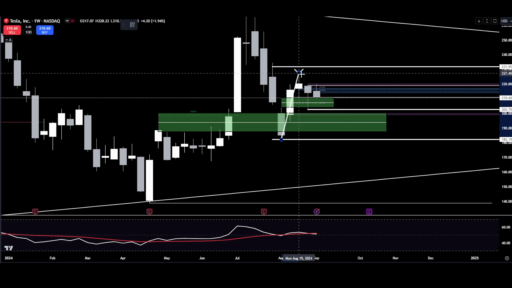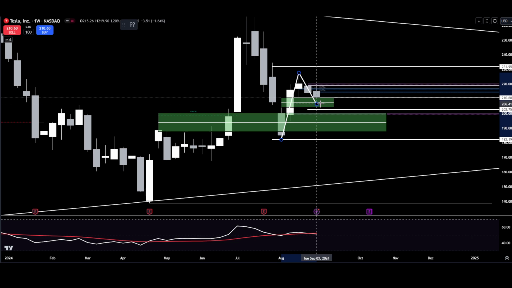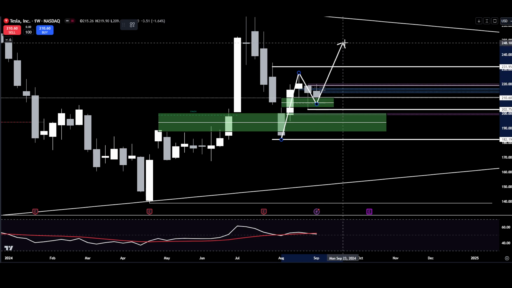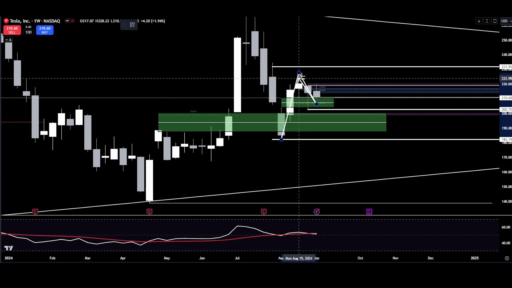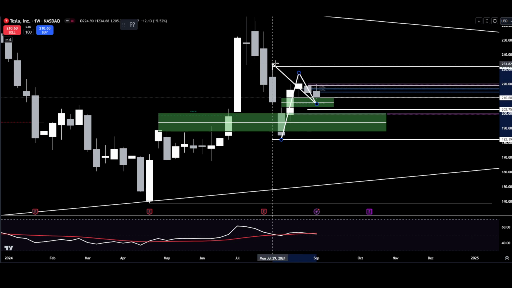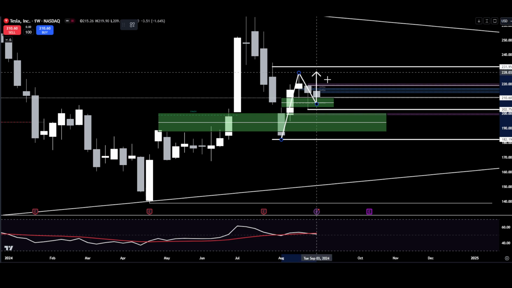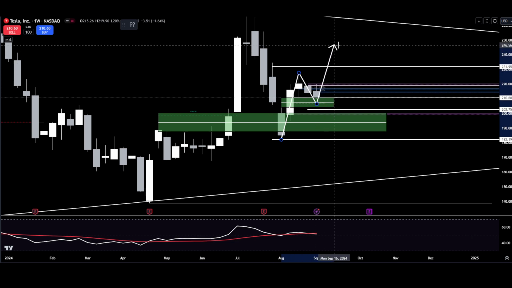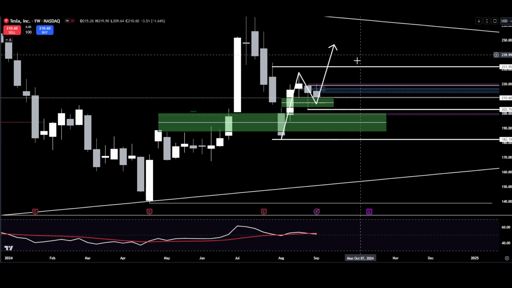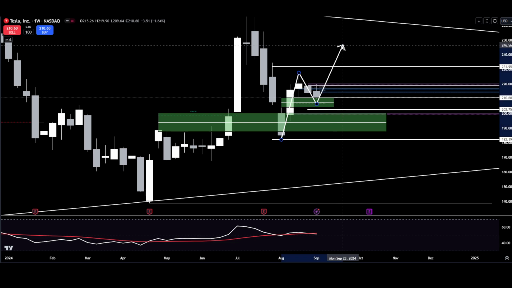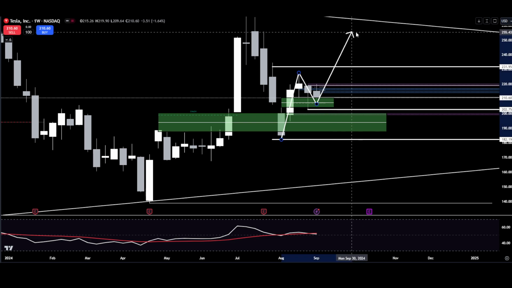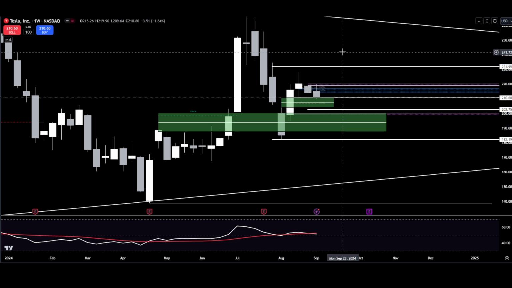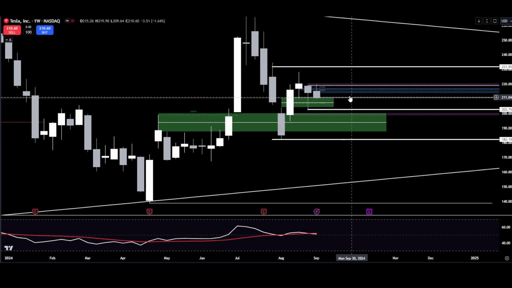Typically what we see on fair value gaps is price draws into it and then pushes up, likely to test one of these levels, maybe this previous high up here in the 220s, maybe this wick high up here in the 234s. But again, these are weekly candles, so it may happen over multiple weeks, could even push us out into October before we see that nice push up. And we can continue to consolidate in this range.